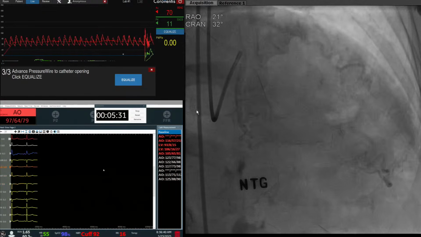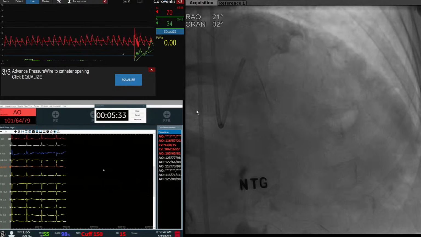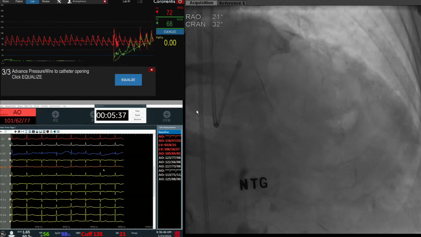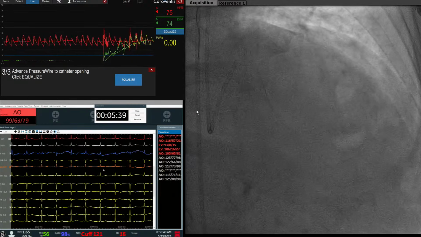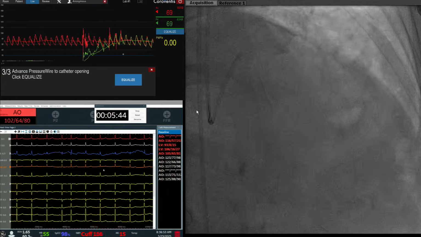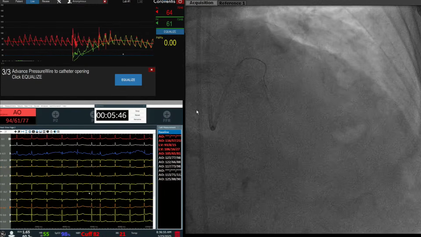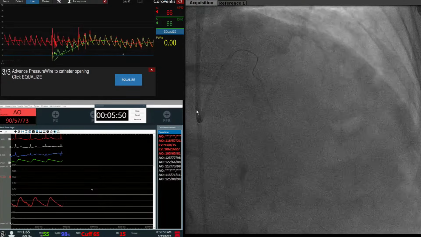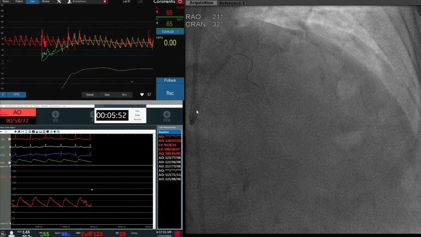We might. We're going to try to do it without, and if we can't, then we will. If we have trouble engaging this wire, we will also put a buddy wire down. It doesn't affect the readings. That's a great point, and something that helped us a lot was just putting a second wire in to brace the guide.